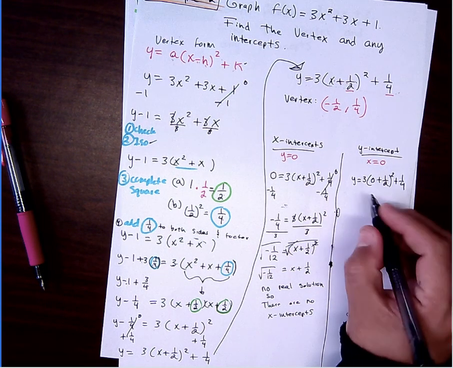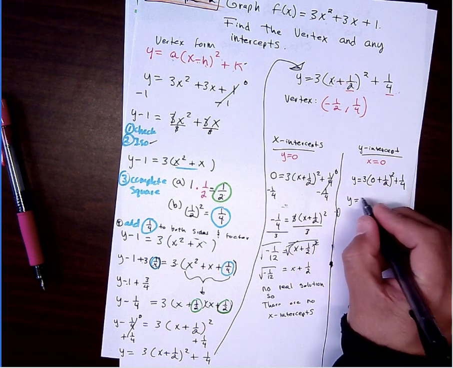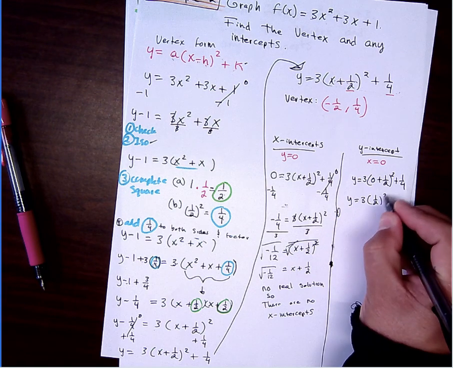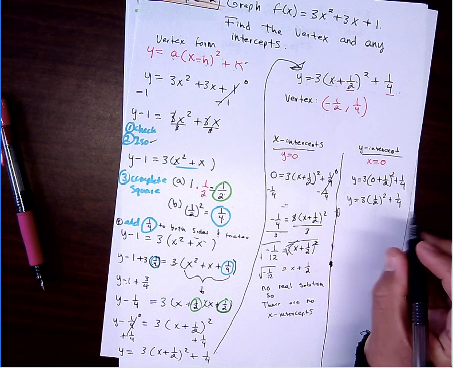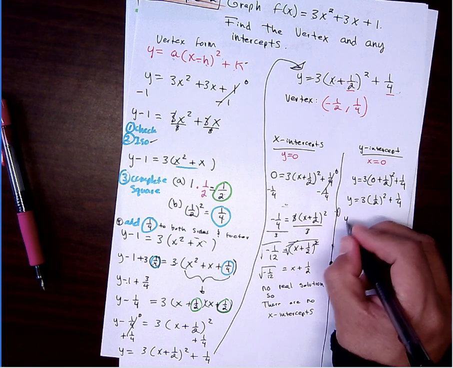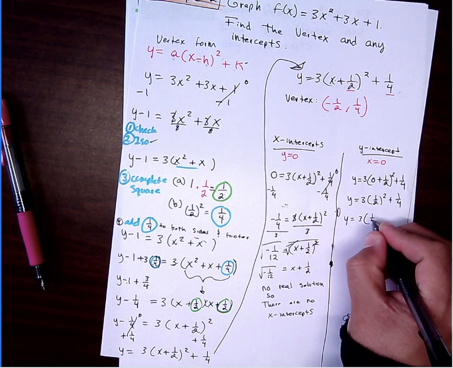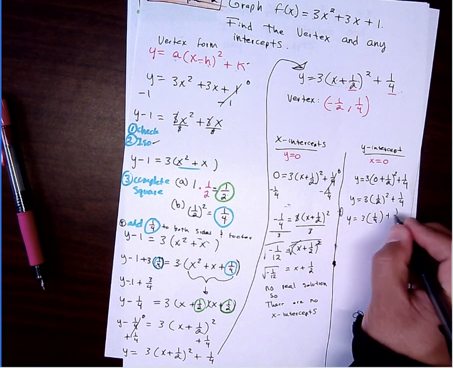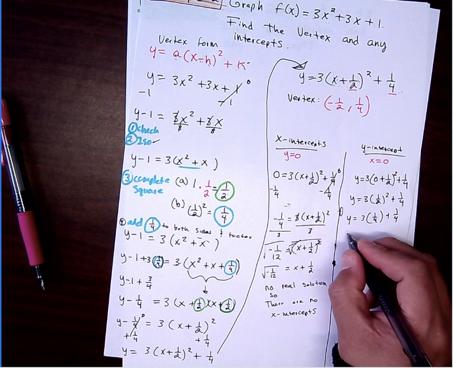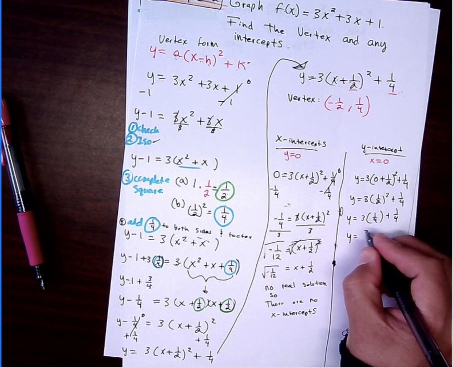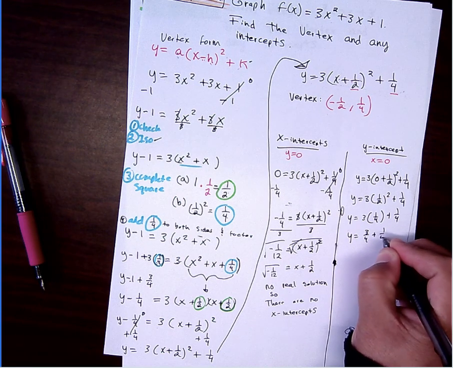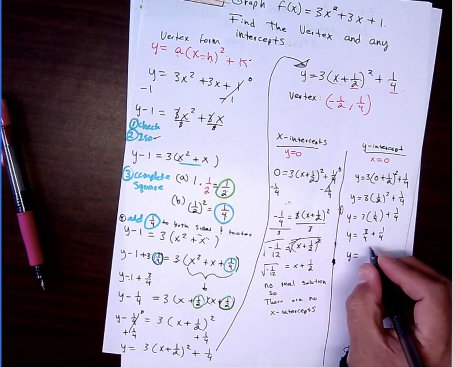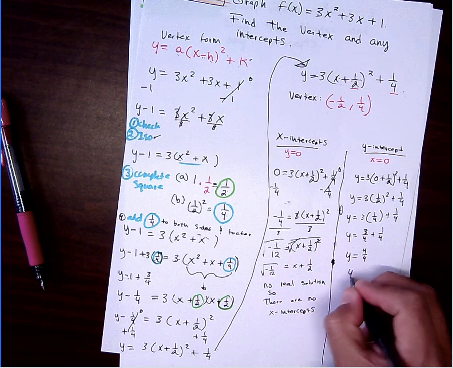Even though it's a 1, to do it, y equals 3, so 1/2 here squared plus 1/4. So 1/2 squared would just be 1/4. So this is just 3 times 1 is 3/4 plus 1/4. So y is 4 over 4, which y equals 1.